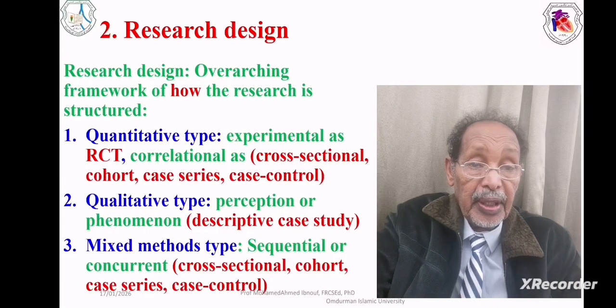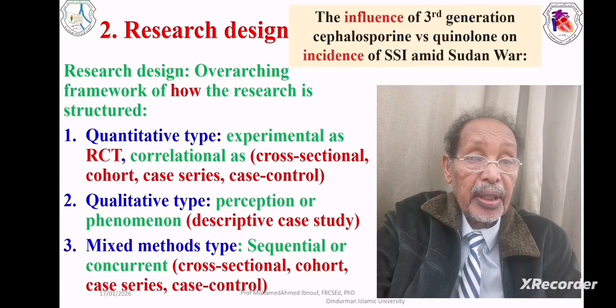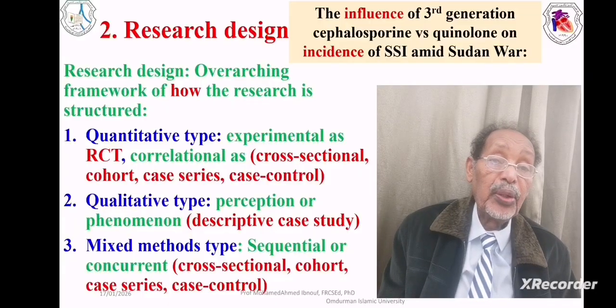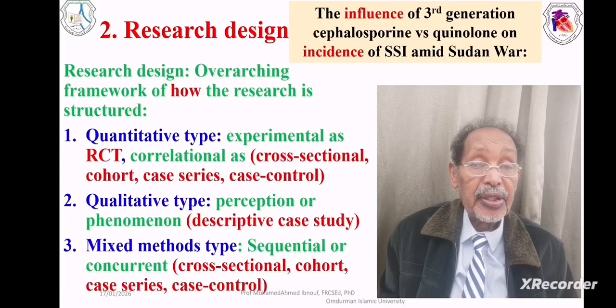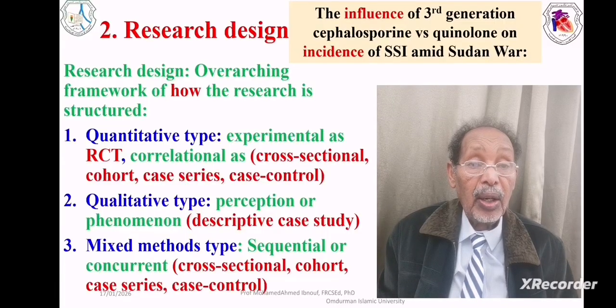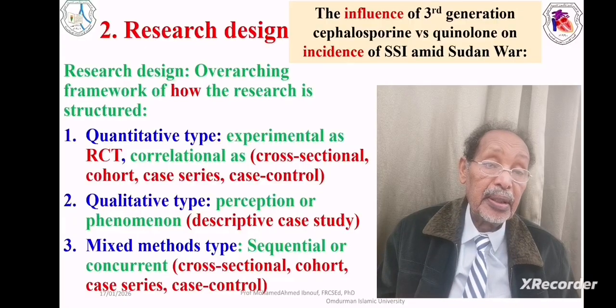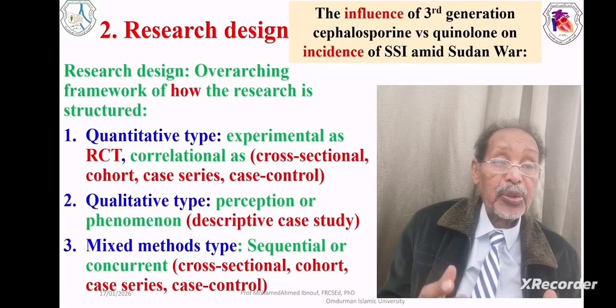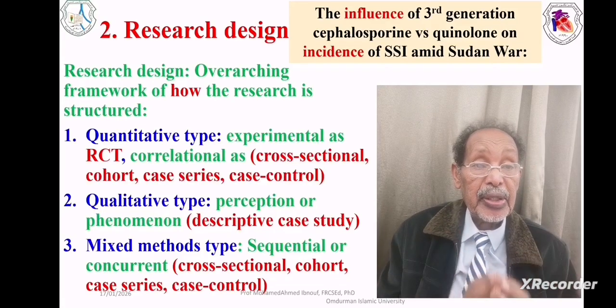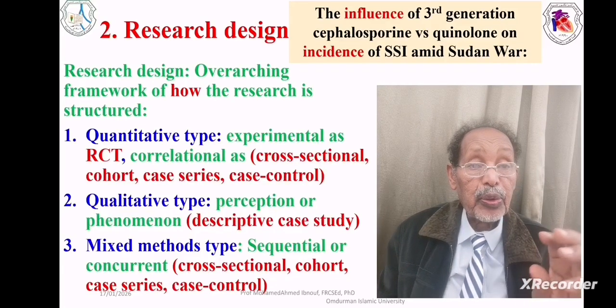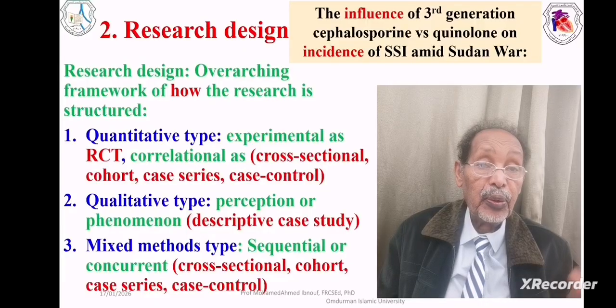And let us have an example to make things more clear. The influence of third-generation cephalosporins versus quinolone on incidence of surgical site infection amid Sudan war. Also, this is a good title. It is concise. It is composed of some keywords: influence of cephalosporins, influence of surgical site infections.